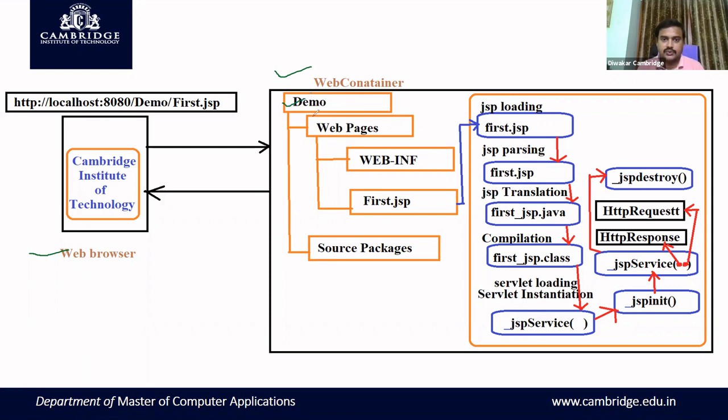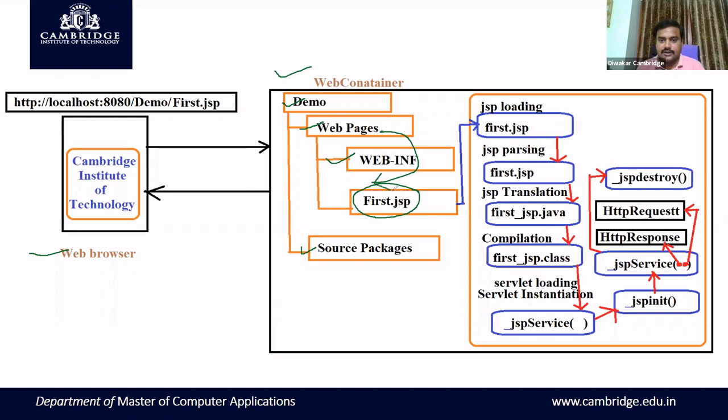Within this demo project, you have subfolders, web pages and source pages. Inside the web pages, you have the INI folder, then first.jsp. Here you're going to create the first.jsp inside this web pages.